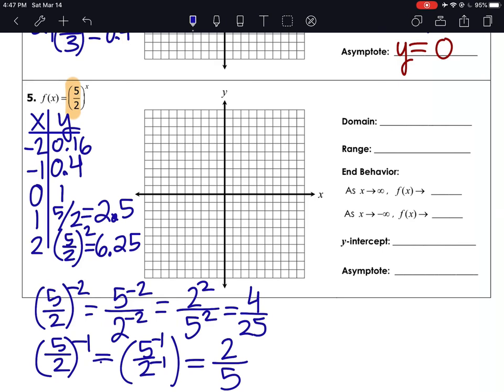And now to graph. -2, 0.16. -1, 0.4. 0, 1. 1, 2.5, and 2, 6.25.